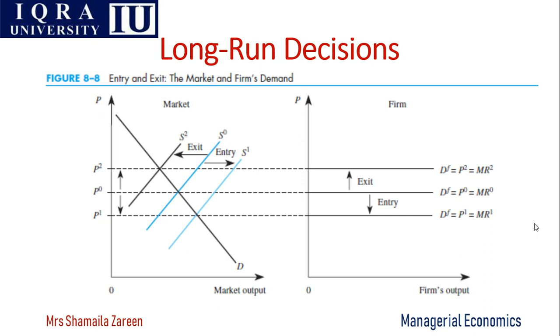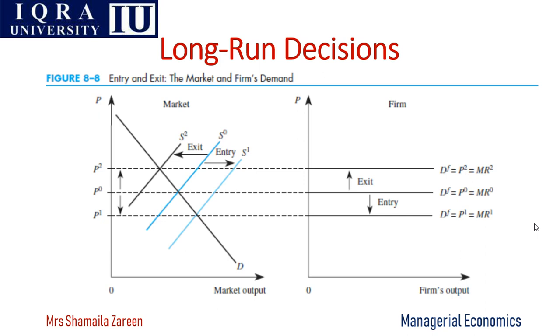But in the long run the firm will always earn the normal profit. They will always earn the no profit, no loss condition. So here, that is a very important concept of the long run decisions, and one important assumption underlying the theory of perfect competition is that of free entry and exit.